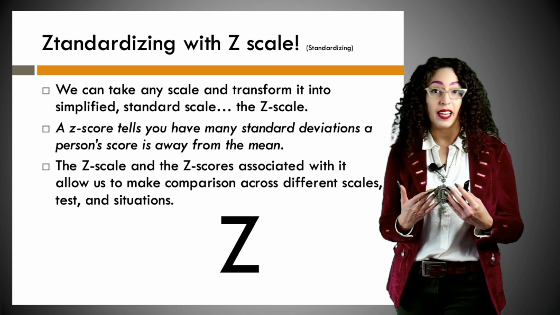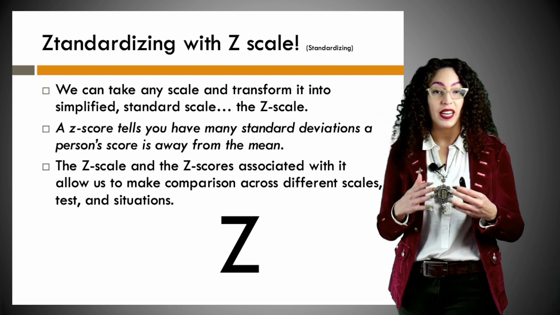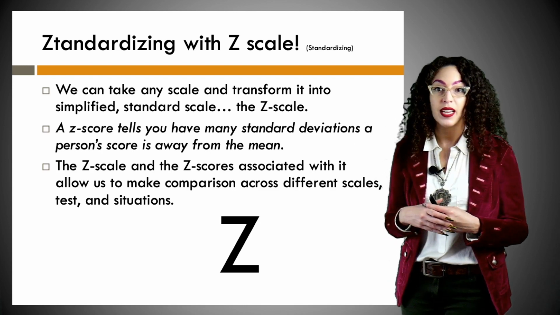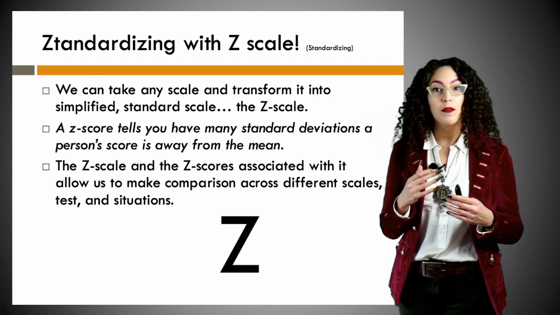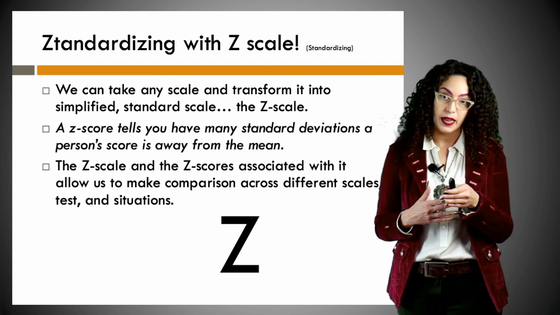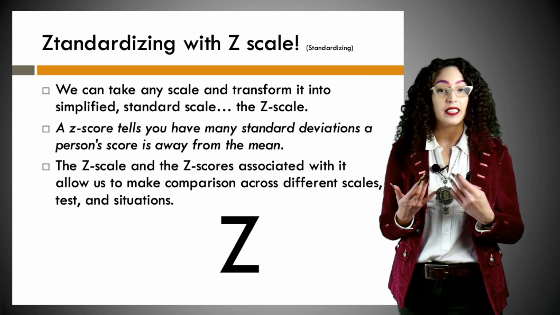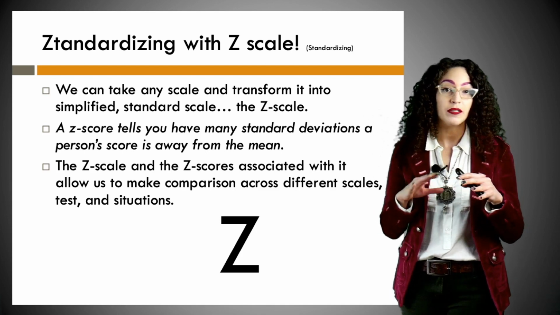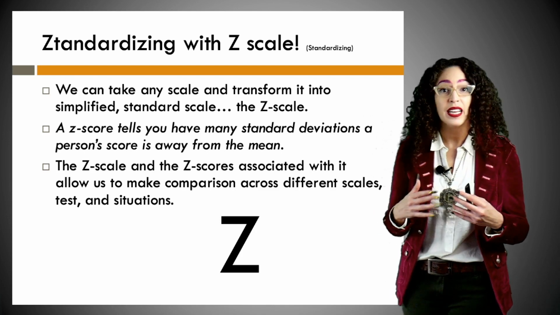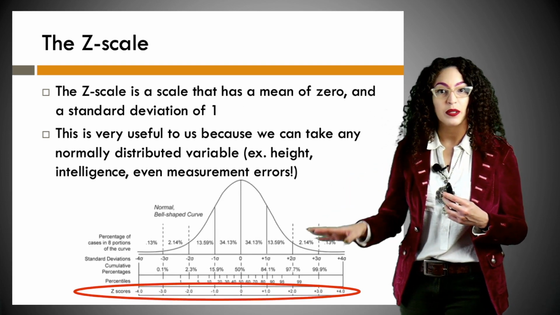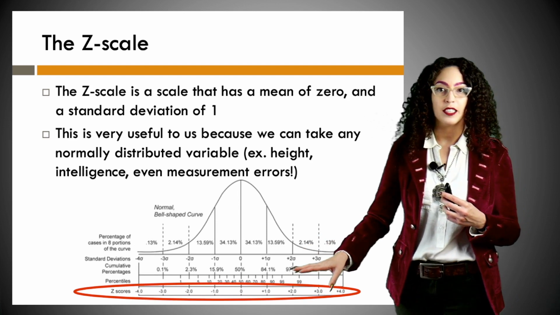We can take any scale and transform it into a simplified standard scale, in this case called the z-scale. A z-score tells you how many standard deviations a person's score is away from the mean. The z-scale and the z-scores associated with it allow us to make comparisons across different scales, like different tests, and different situations. So if we go and look at our lovely curve again, there was a lot of other stuff down here that I hadn't addressed yet.